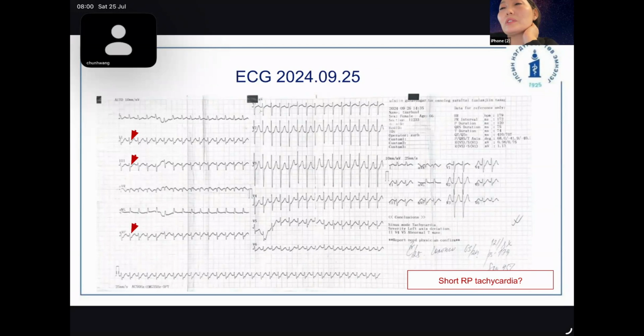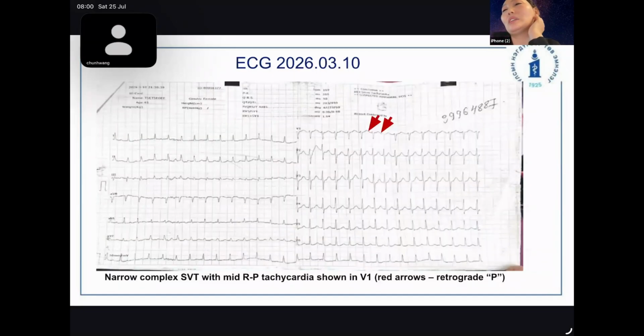When she arrived the first time, she brought this tachycardia ECG. Here, initially I thought maybe it was a short RP tachycardia because I could see retrograde P waves just after the QRS complex. But we did the ECG again in our emergency department.